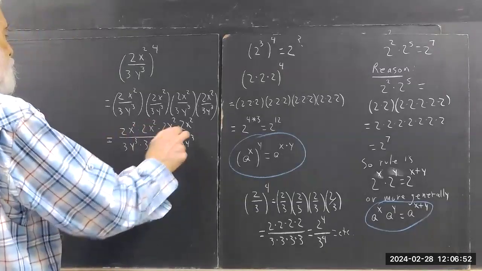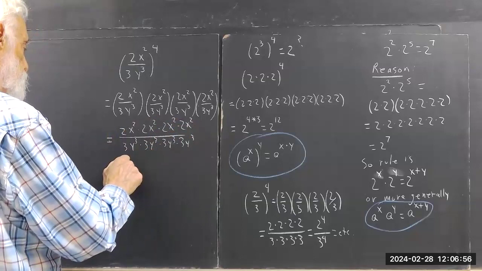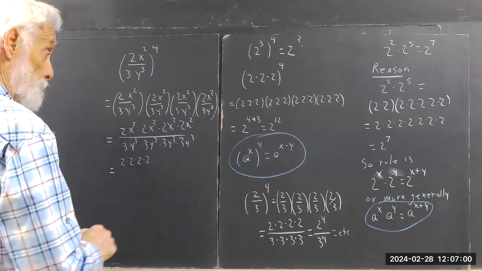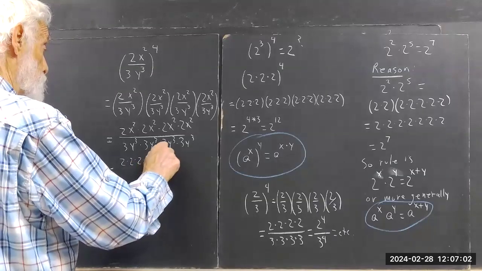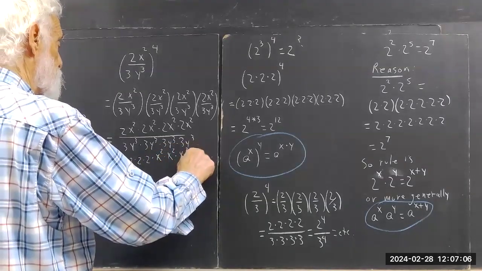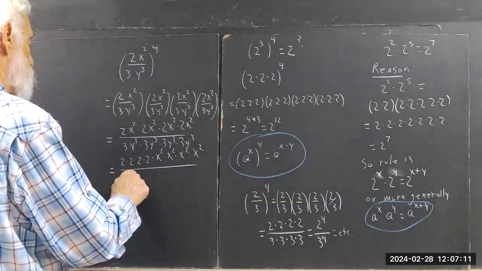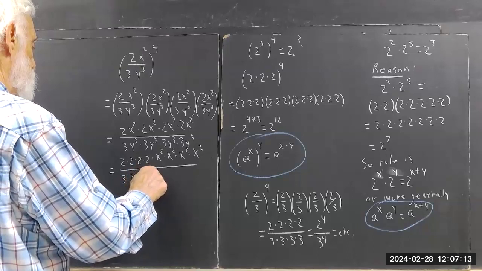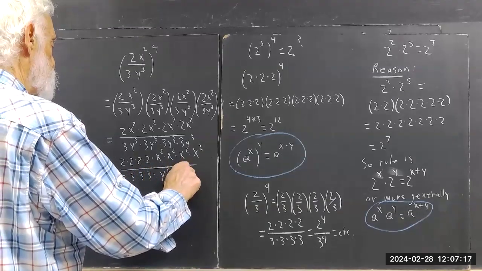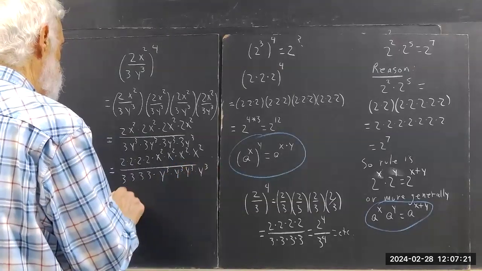We can write down the numerator in a different order because the order of multiplication doesn't matter. We can write this as 2 times 2 times 2 times 2 times x squared times x squared times x squared times x squared, divided by 3 times 3 times 3 times 3 times y cubed times y cubed times y cubed times y cubed.